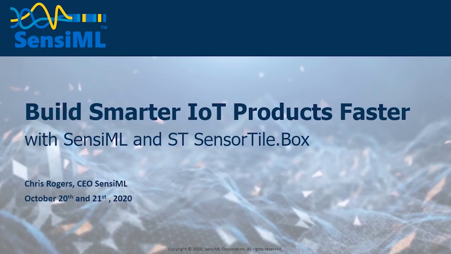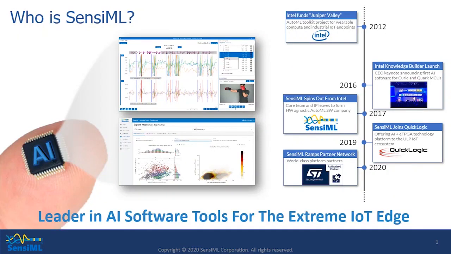Before we get started, I would like to provide a bit of background on who is SensiML and our history, expertise, and experience in AI development tools for the IoT edge. SensiML is focused on delivering innovative AI tools to the IoT developer community, enabling automated code generation for complex sensor algorithms. Specifically, we focus on algorithms designed to run on the smallest low-power cores that can adapt and learn with use.